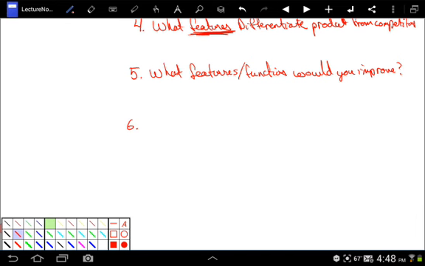Now that you've done all that, what you want to do is establish metrics for evaluating the most important features.